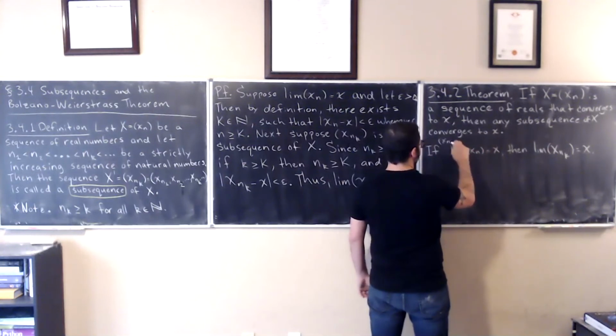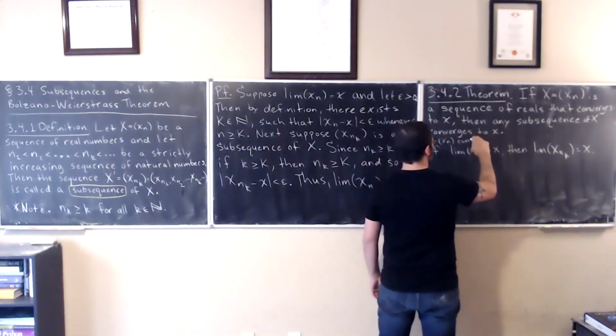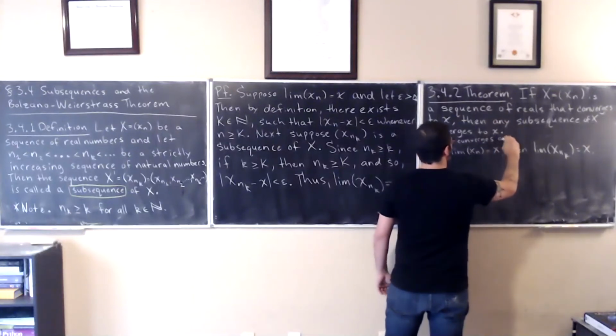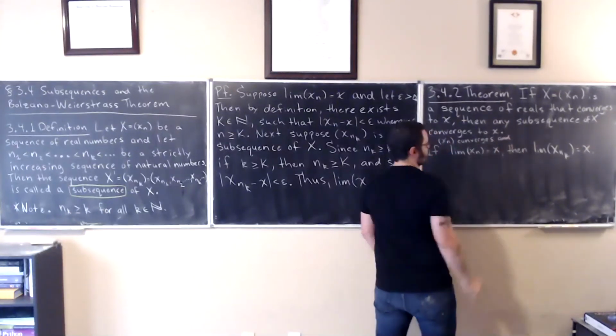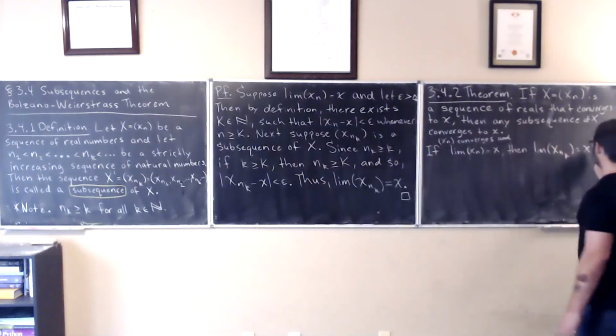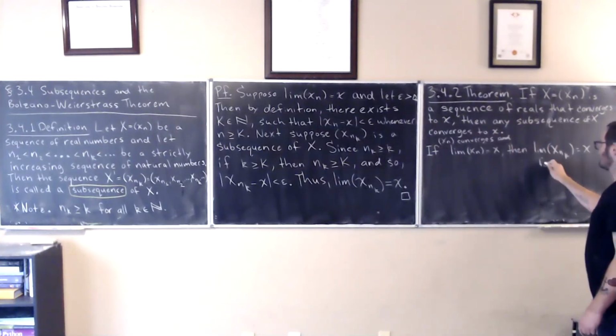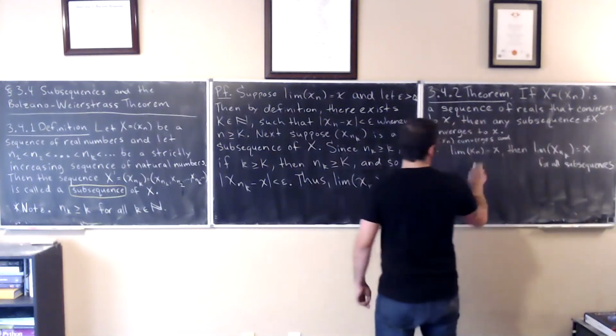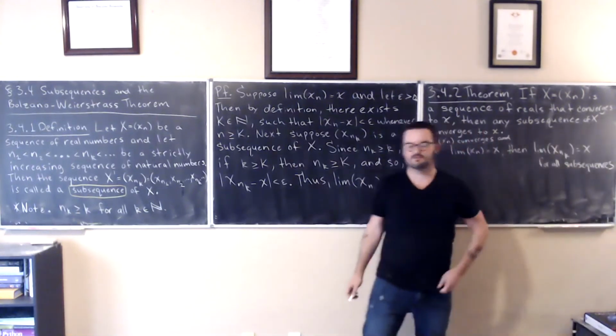Maybe I should write, if xn converges, and that, then that for all subsequences. So I was kind of abbreviating too much. So if that and that, then that for all subsequences.